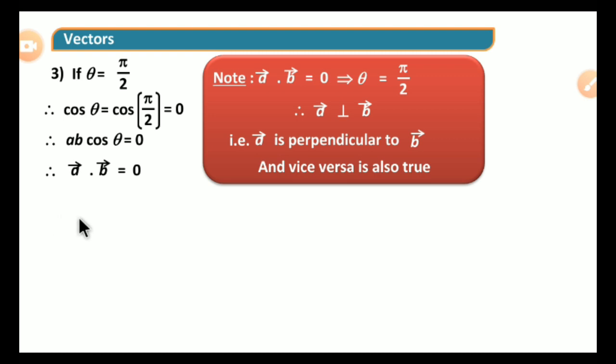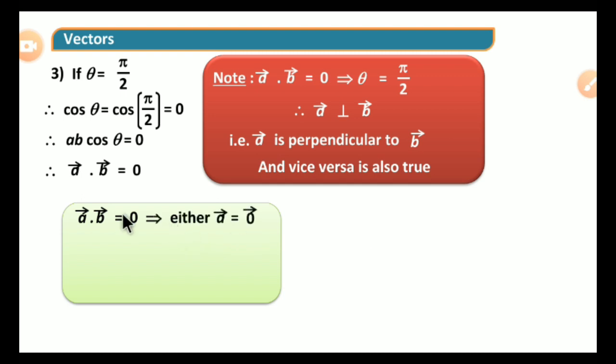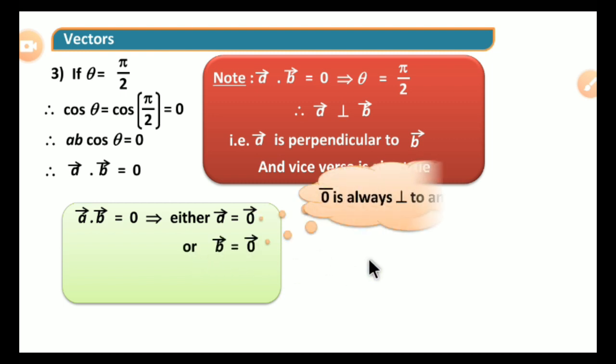So whenever we are going to prove two vectors are perpendicular, we have to prove that the angle between them is equal to pi by 2. So which is the important note here? Please remember, students. Vector A dot vector B is equal to 0. That implies either vector A is equal to 0 vector or vector B is equal to 0 vector.